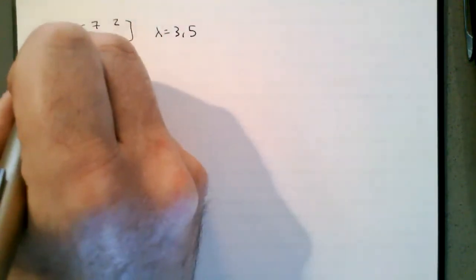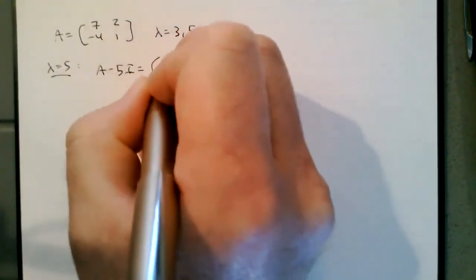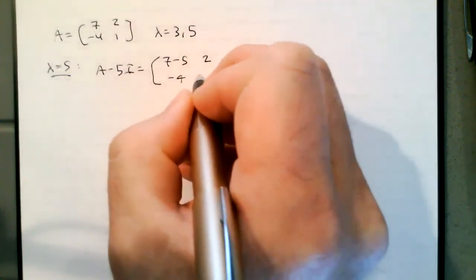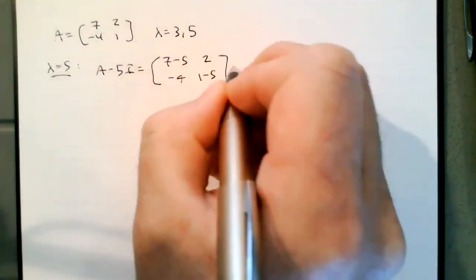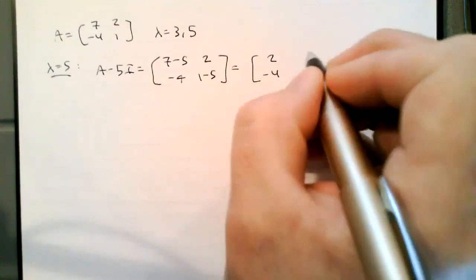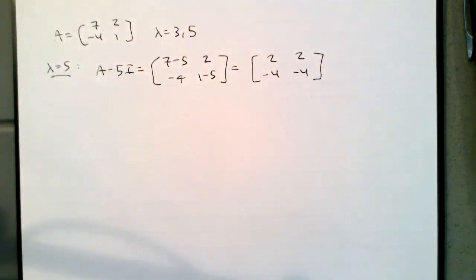So for lambda equals 5, A minus 5I will be 7 minus 5, -4, 2, and 1 minus 5. 7 minus 5 is 2. 1 minus 5 is -4. And so here we have, once again, a non-invertible matrix.